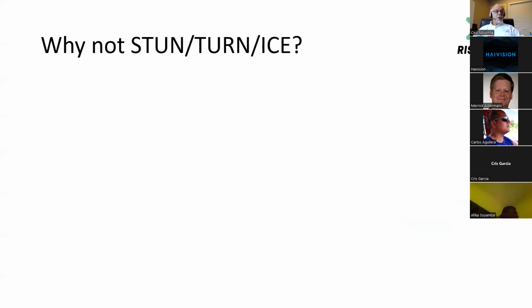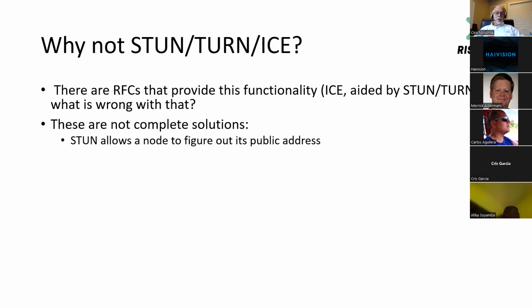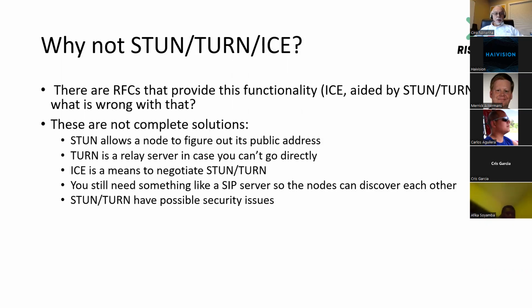Well, the first question we can ask: why not STUN, TURN, and ICE? There are protocols for that, aren't there? Okay, so there are RFCs to support that. What's wrong with that? Those are not complete solutions. You see here a long list of problems. STUN allows the node to figure out its public address. Okay, it's part of the problem, but not all. TURN is a relay server.